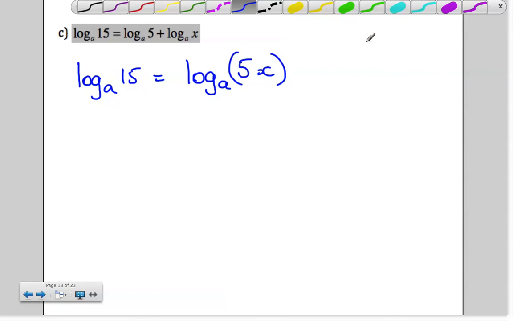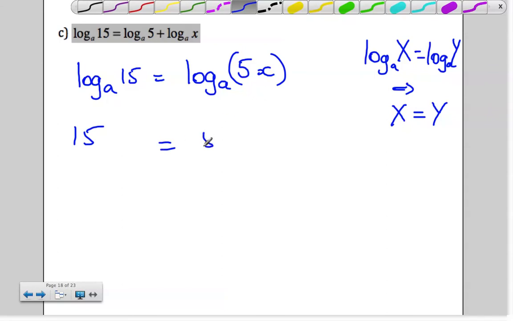Okay, and then there's the rule that says if log base a of x equals log base a of y, the statement that follows is that x is equal to y. So 15 is equal to 5x, which gives me x equals 3.